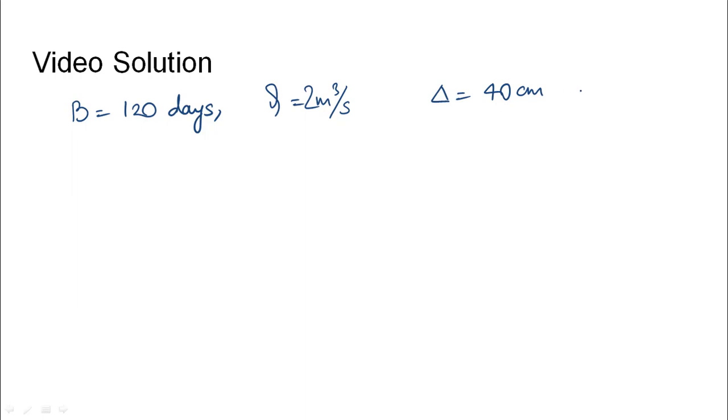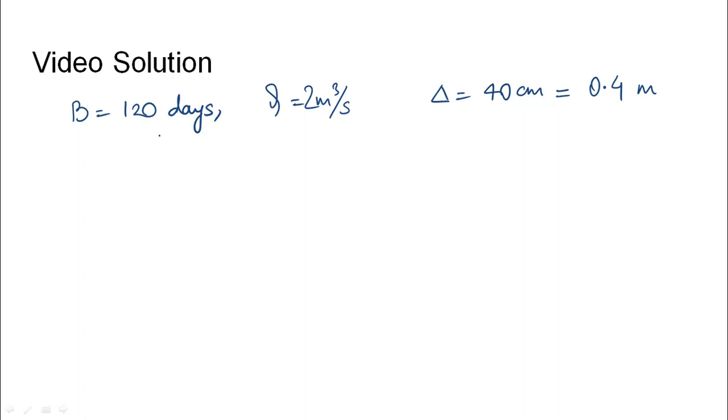In this question we have been given the base period as 120 days. The discharge rate is 2 meter cube per second. Delta has been given as 40 centimeters. We will convert this delta to meter units, that will be 0.4 meters.